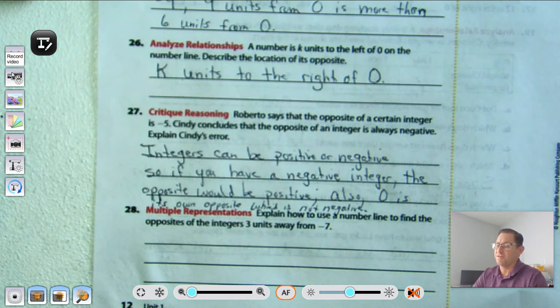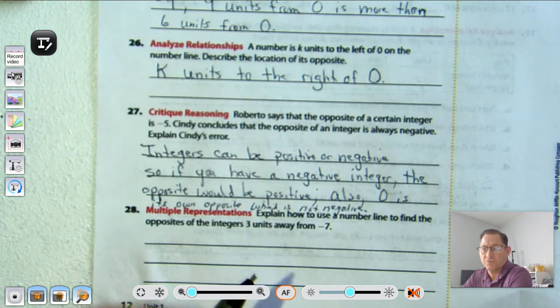Okay, so the opposite of an integer is not always negative. It depends on what you're starting with.